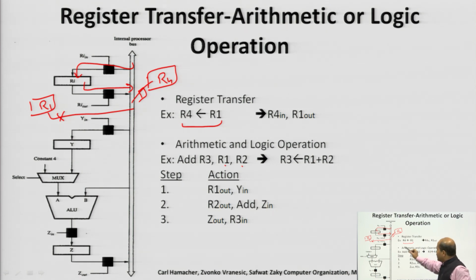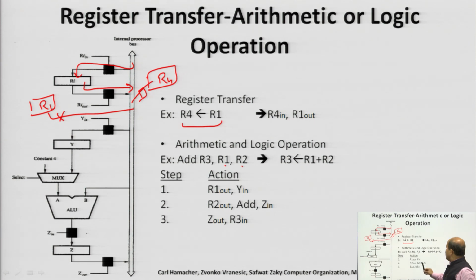One register we can connect directly to this pin and another register can be connected through this Y multiplexer to this A pin. Suppose one operand R1 has to be connected to the Y register of the ALU.